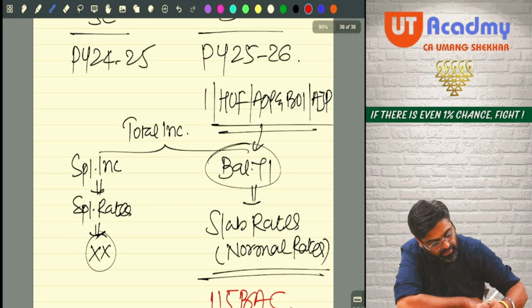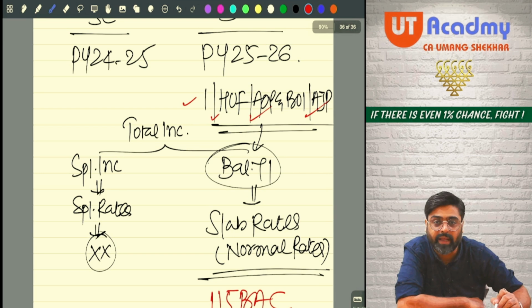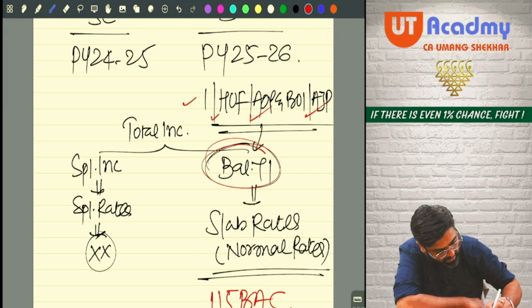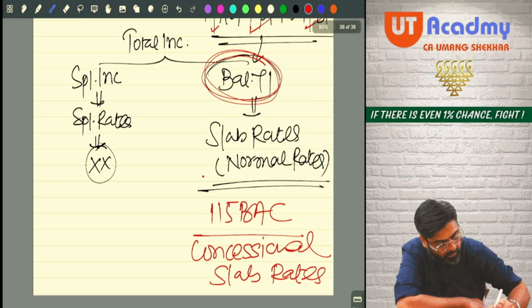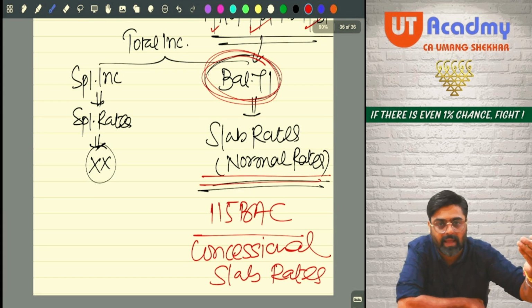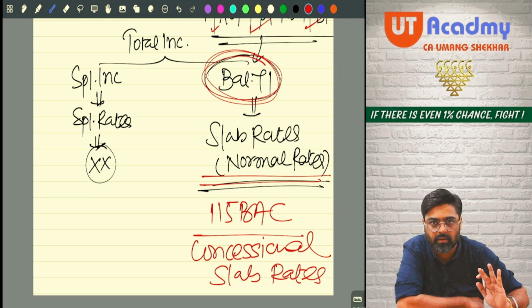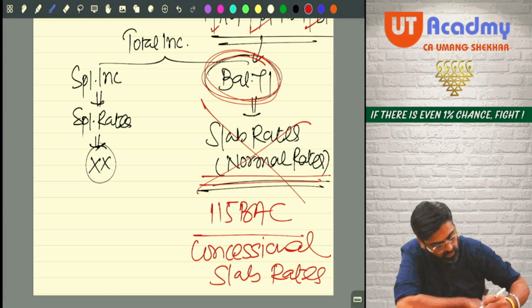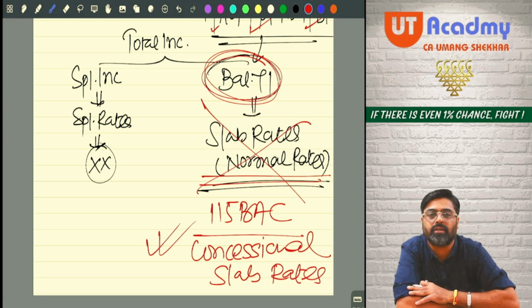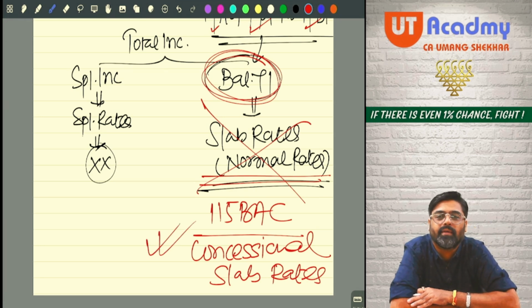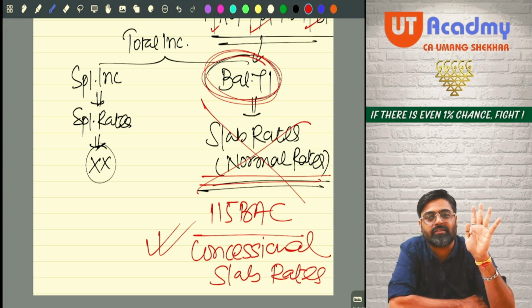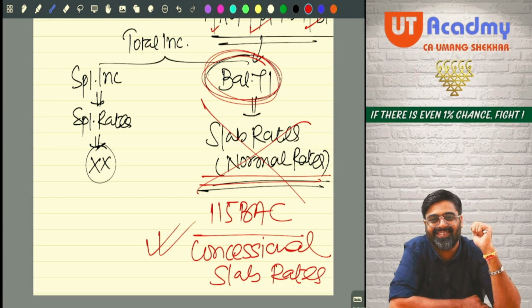So, being an individual, HUF, AOP, BOI or AJP, on this balanced total income, instead of applying the normal slab rates, you can apply 115BAC rates also. And the 115BAC rates, as compared to the normal slab rates, are beneficial.